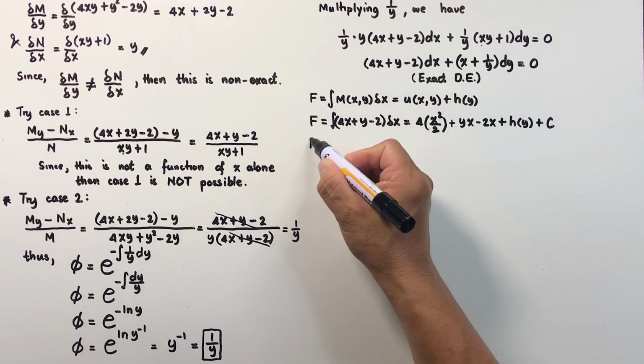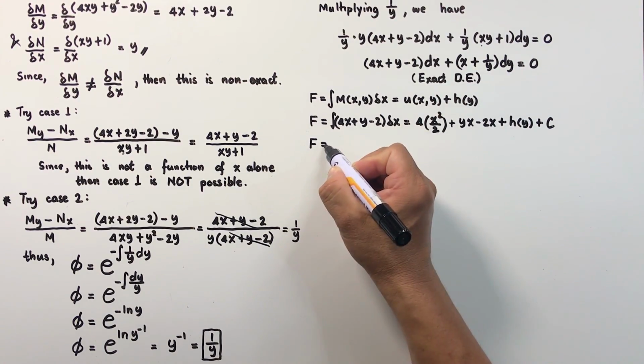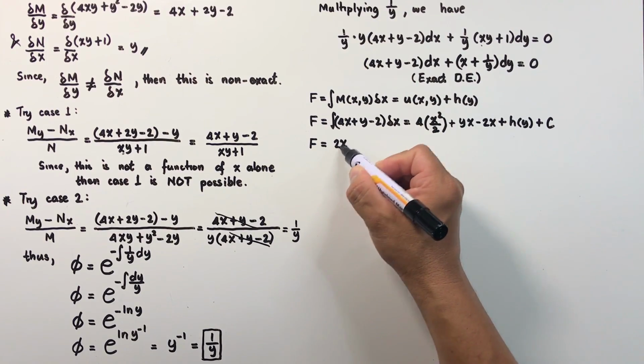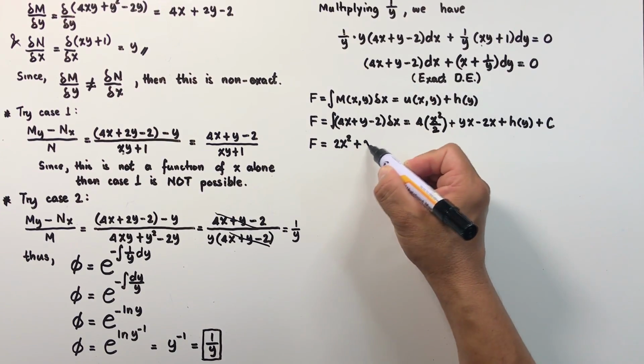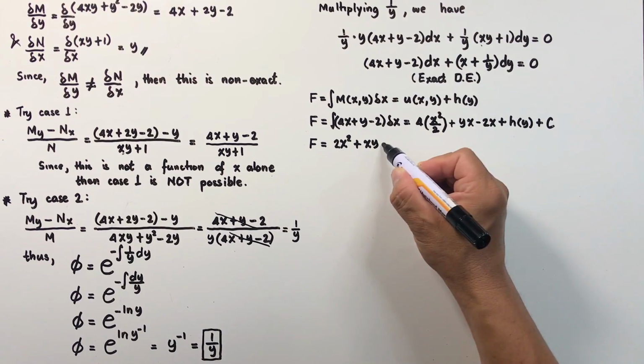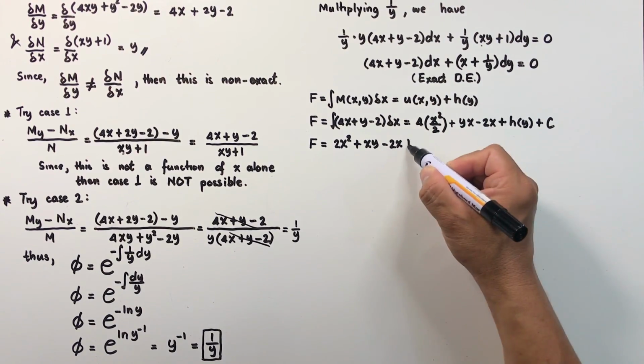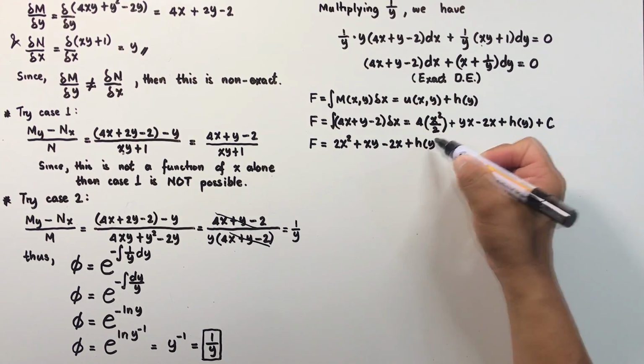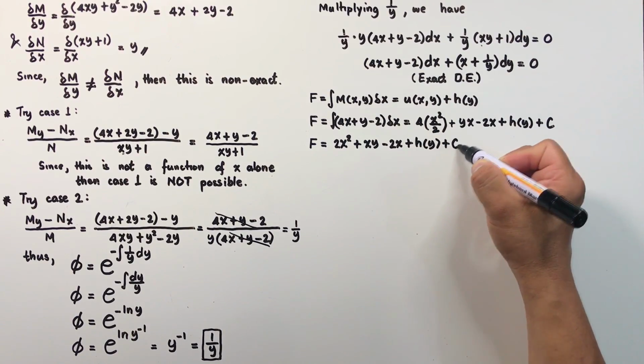So our solution big F is equal to 2x squared plus xy minus 2x plus h of y plus the constant of integration c.